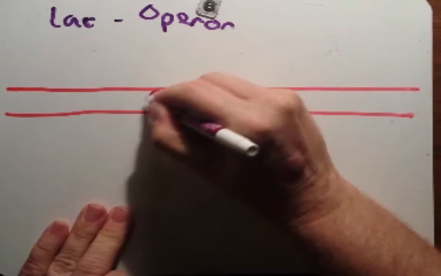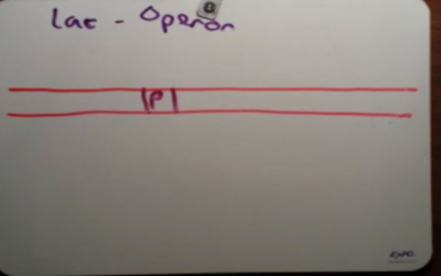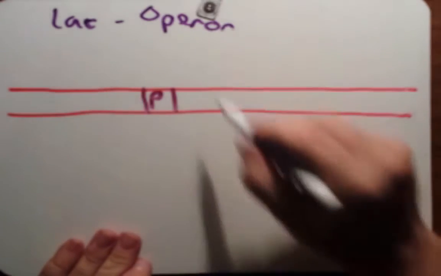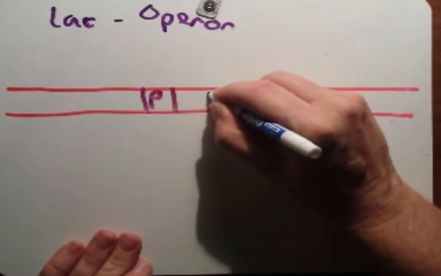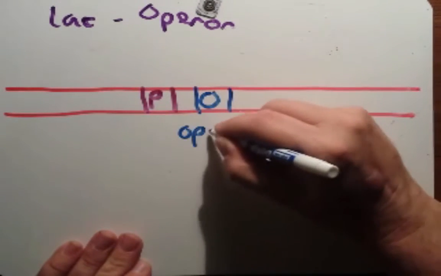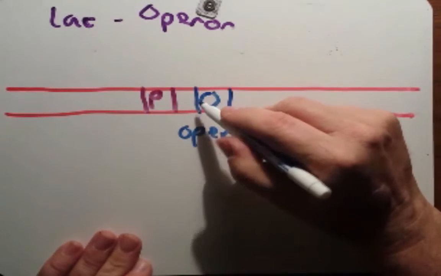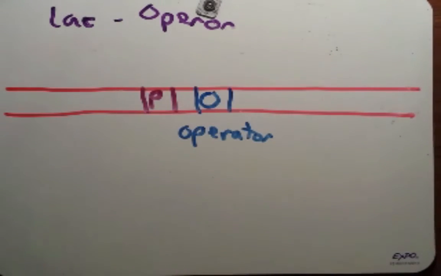The operon, like most genes, is going to have a promoter here, and something that's a little unique to bacterial genes or other organisms that use an operon is that they have an operator. Let me write that out. Operator. That is positioned between the promoter and the genes.